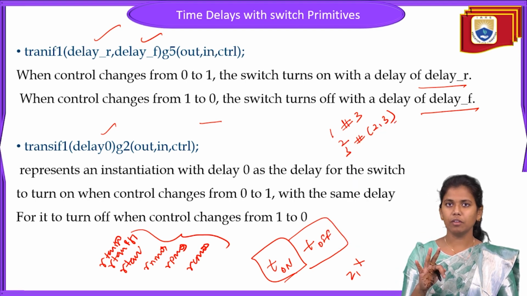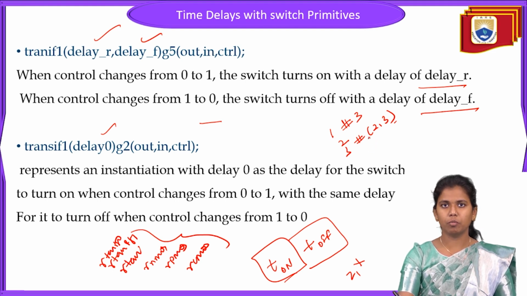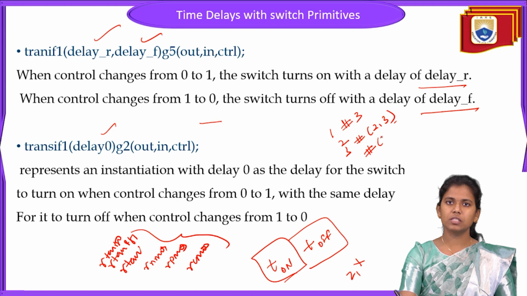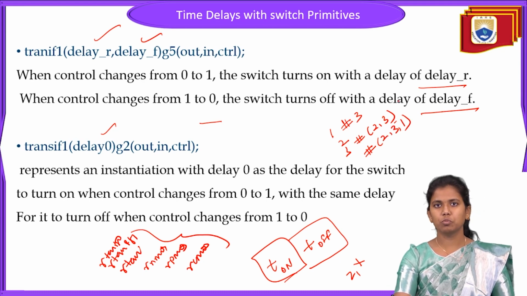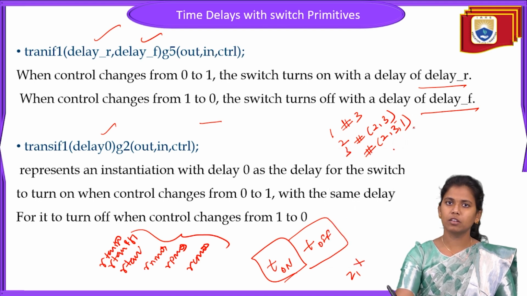Whereas in the 3 delay format, the delay is present with respect to 3 delays, 1, 2 and 3. That means what? One is with respect to rise time, the second with respect to fall time, and the third with respect to the turn off time.